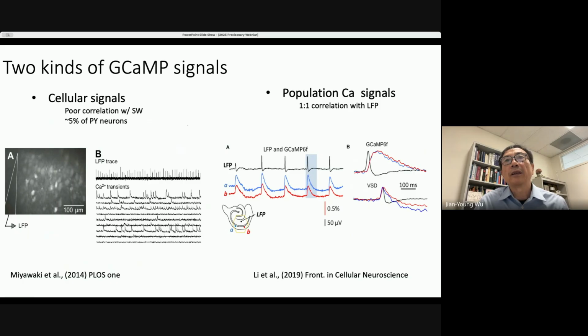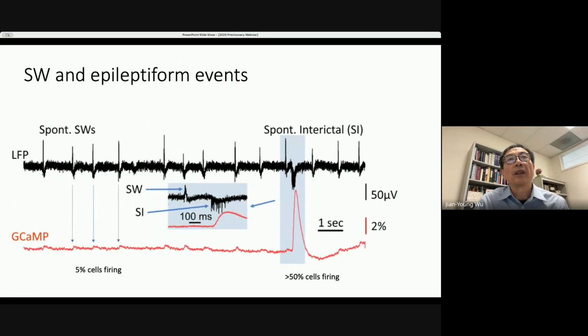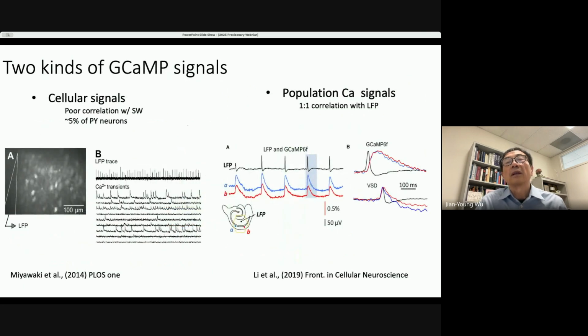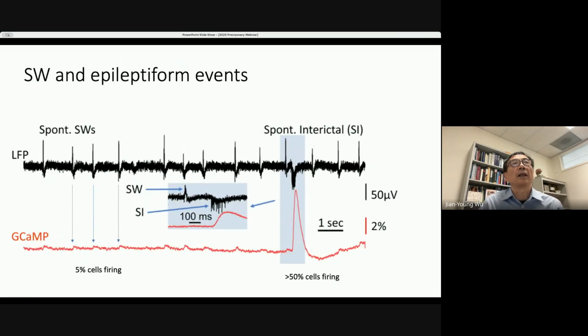And the advantage is, when you optically record sharp waves, we don't have the recovery period of the electrode. So another example I will show is optically recorded sharp wave epileptic events.